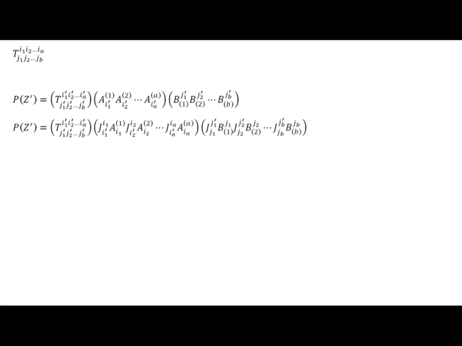The first thing I'm going to do here is replace each of these arbitrary vectors with its corresponding transformation equation from primed to unprimed coordinates. Since this is a vector with a covariant index here, I've got to multiply by the Jacobian factor that has the free index down here on the bottom.